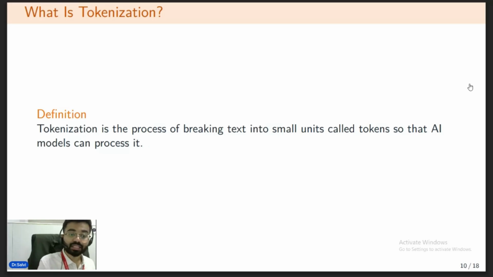ChatGPT, or AI for that matter, is going to do that for us. Whenever I give anything to the AI, it is going to break the entire thing into small units, right? These small units are going to be your tokens, and these tokens are going to have some weights.